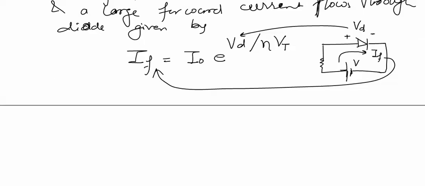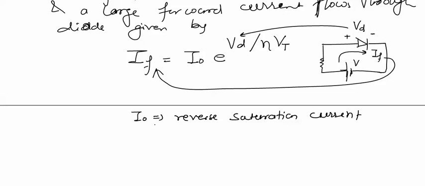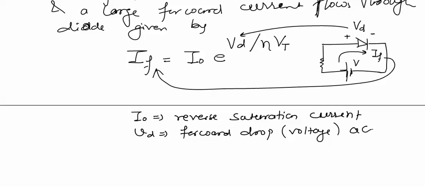I_0 is called the reverse saturation current, which will be explained later. V_d is called the forward voltage drop, the voltage drop across the diode.